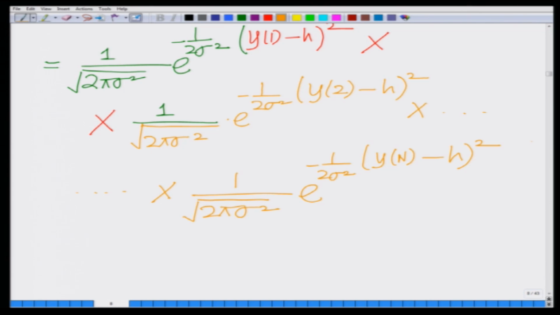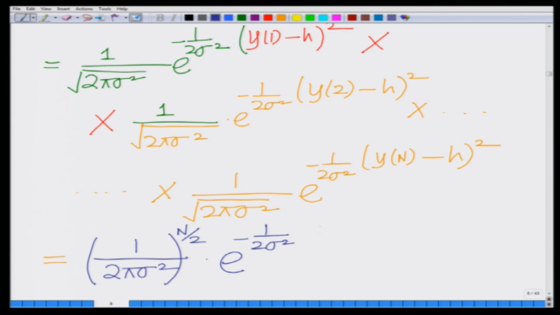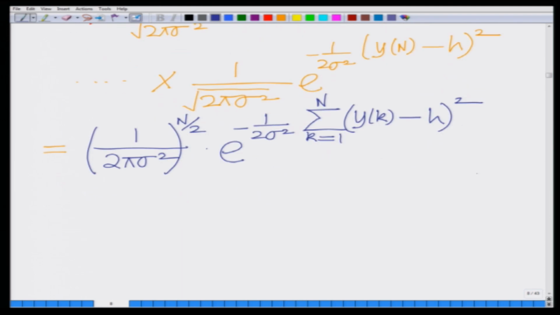And now, simplifying this product of the individual probability density functions, you can clearly see that this is given as, collecting the 1 over square root of 2 pi sigma square terms, 1 over 2 pi sigma square raised to the power of n by 2, e raised to minus 1 over 2 sigma square summation, all the terms in the exponent will add up, summation k equals 1 to n, yk minus h whole square, and this is your joint probability density function.